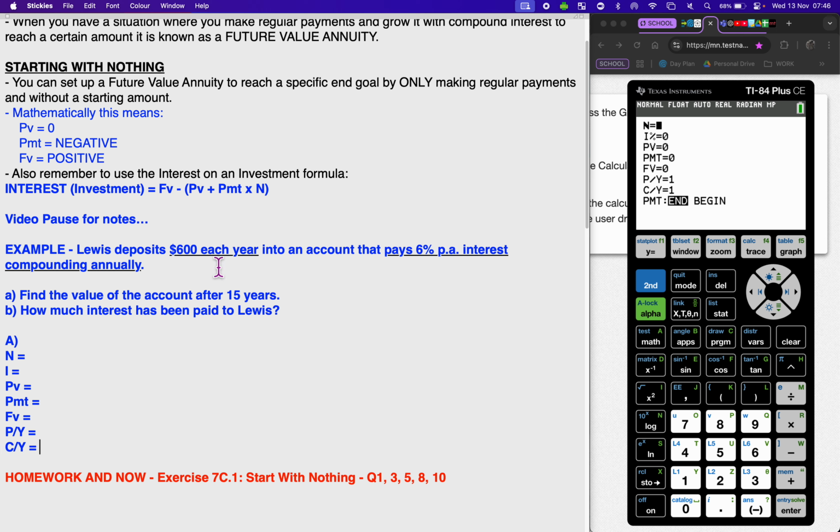N, I%, PV, PMT, FV, PY, CY. Leave N to start off with. The easiest thing is always, what is the rate? It's 6%. 6.